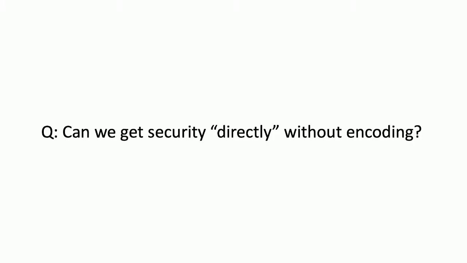Is there some other method of turning a program into an algebraic structure that allows us to get security directly, without then having to throw it in a multilinear map? If we could do that, one, we might get an efficiency gain, and two, if we're not using multilinear maps, then maybe we don't care about all the attacks on them. Obviously now we have to care about the security of whatever structure we're using, but it's going to be a fundamentally different kind of structure, hopefully.